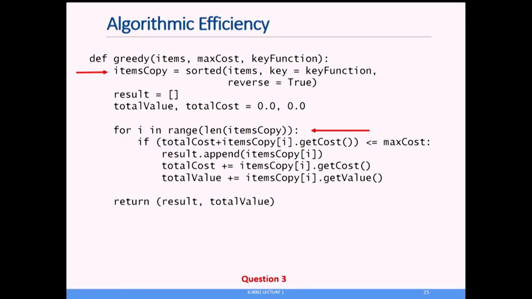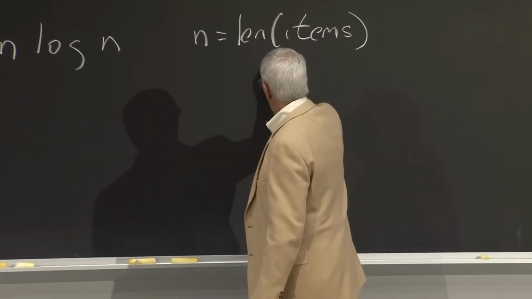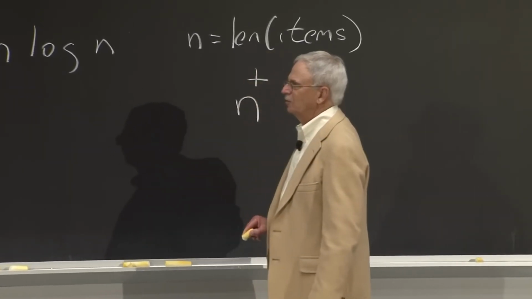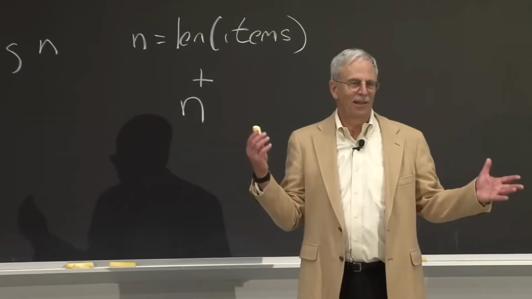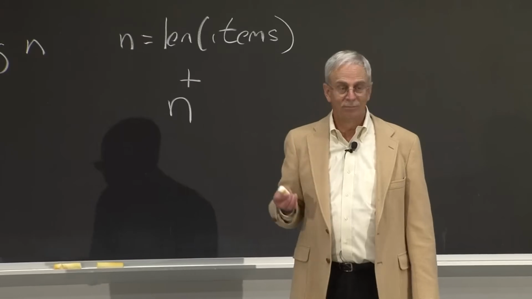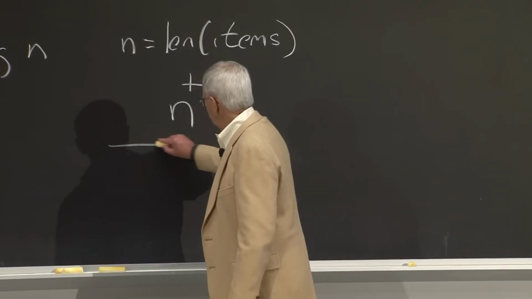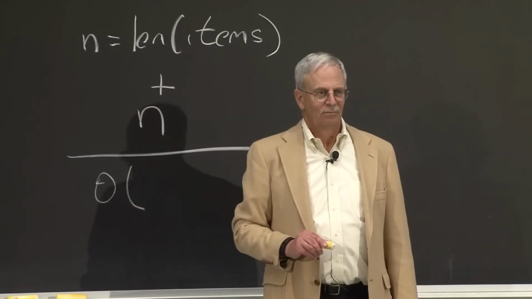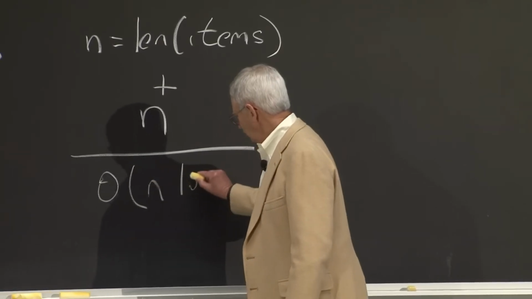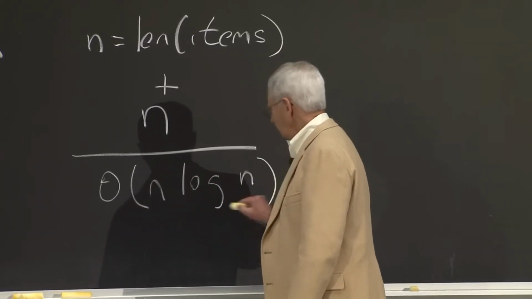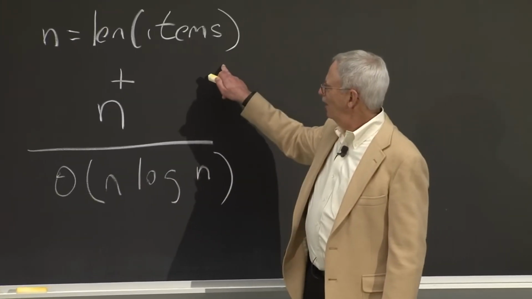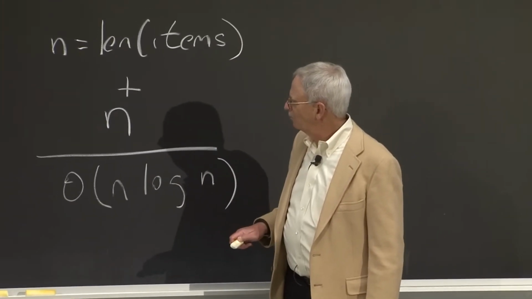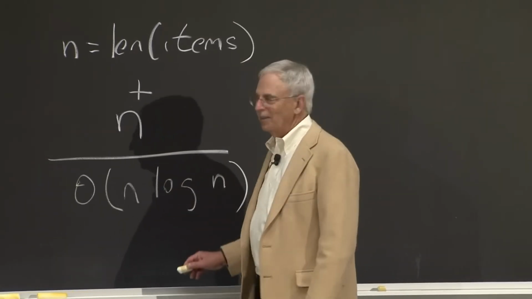Then we have a loop. How many times do we go through this loop? Well, we go through the loop n times, once for each item, because we do end up looking at every item. And if we know that, what's the order? n log n plus n, I guess, is order n log n, right?